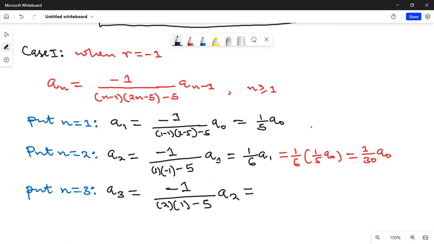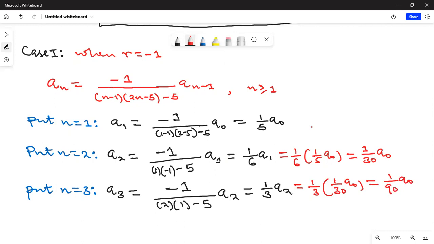And so when you work it out, 2 minus 5 is -3. So that will give us 1 over 3, 1 over 3 a2. But I know a2 as 1 over 30 a naught. So this will give us 1 over 3, our a2 is 1 over 30 a naught. And so when you multiply, you get 1 over 90 times a naught.